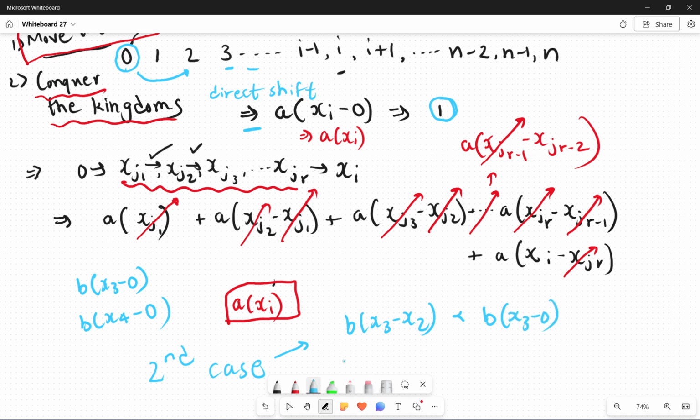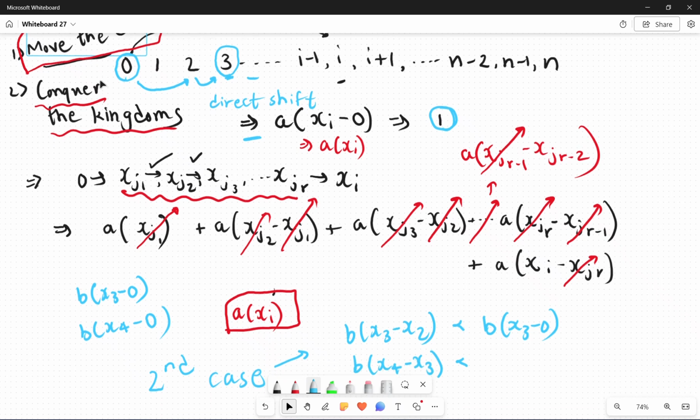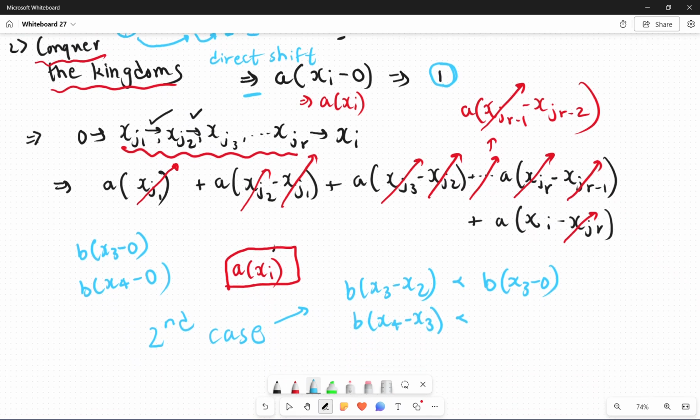Again, if you conquer 3 and move your capital there, to conquer x4 you will need x4 minus x3, because you have shifted the capital to 3. It adds no overhead, because in case 1 we have seen that moving the capital city won't add extra overhead to our cost, so this is definitely less than x4 minus 0, right?